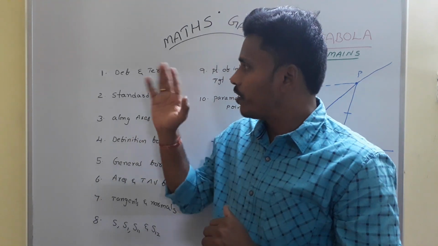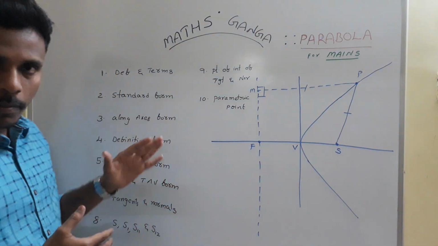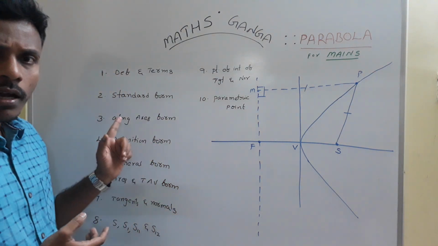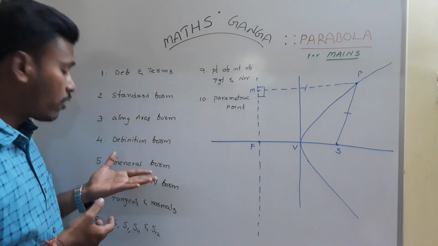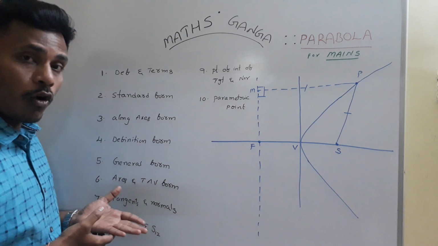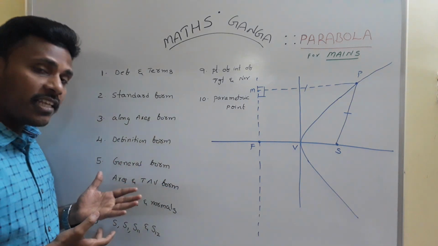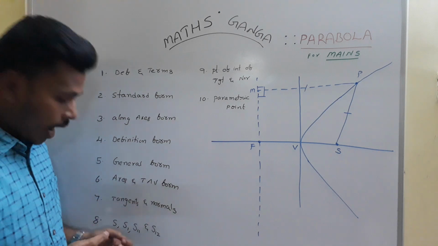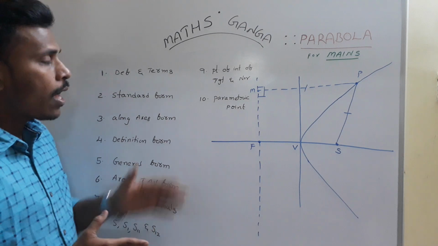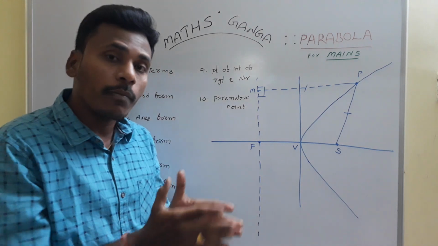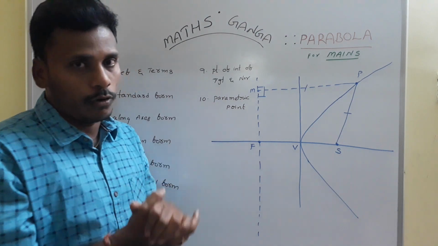Those 10 points are the definition and terms of the parabola, standard form of the parabola, parabola whose axes are along the coordinate axes, definition form of the parabola, general form, axis and the tangent at the vertex form, tangents and normals of the parabola, and S1, S11, S12 related to the parabola, point of intersection of tangent and normal for the parabola, parametric point related ideas for the parabola.